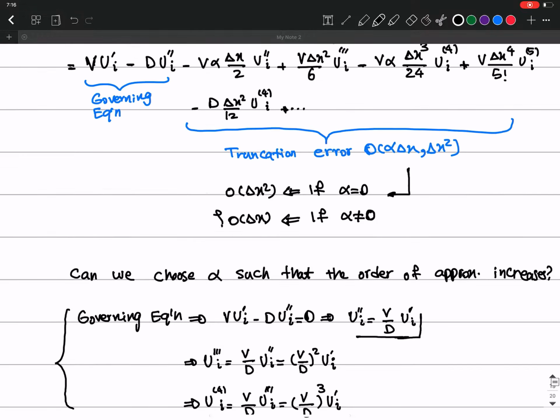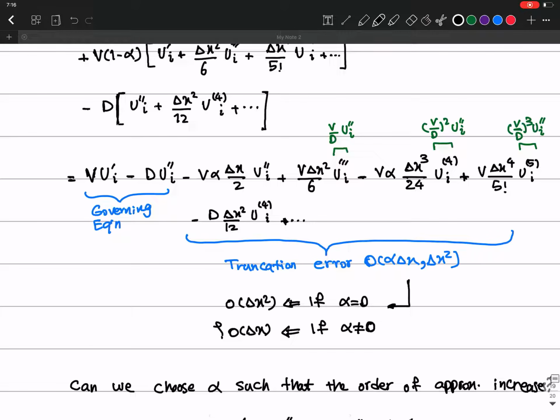The next terms I don't want to write yet because these are higher order ones, so I'm going to write first the delta x squared one.